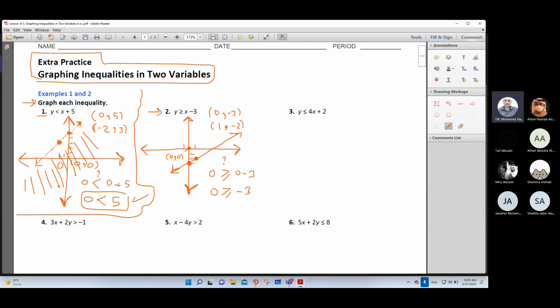Is 0 greater than or equal to -3? No, this is an incorrect inequality. So the origin is not the solution of this inequality, which means this area is not the area of the solution. The second part is the area of the solution, so you can shade this part. Who has any question in exercise number 2?